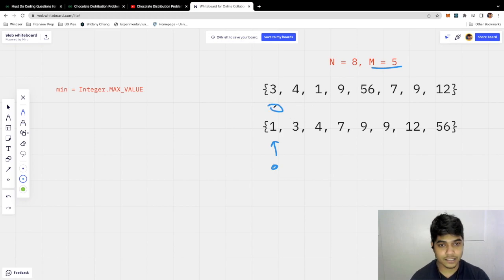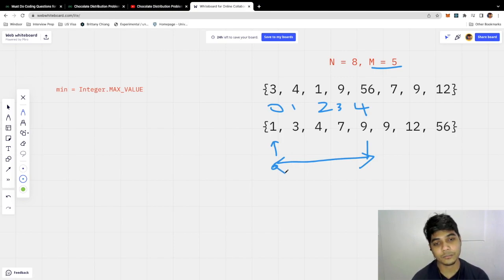From an index perspective, we would take all these elements as a subarray, and then subtract the first from the last one, which is here 9 minus 1. We would do that initial subtraction and find that the difference is 8.